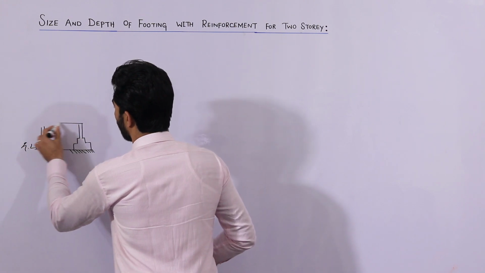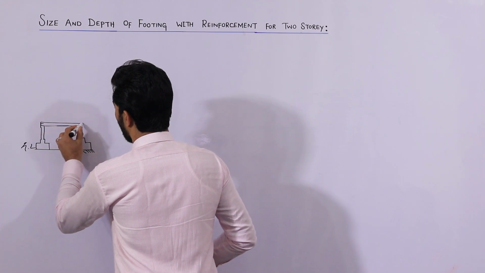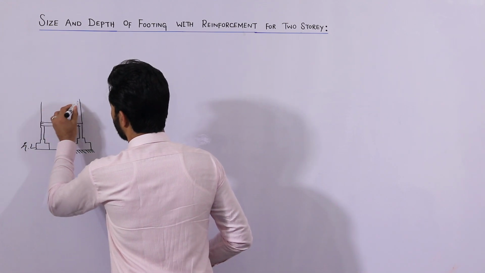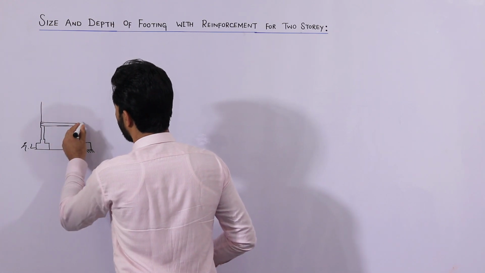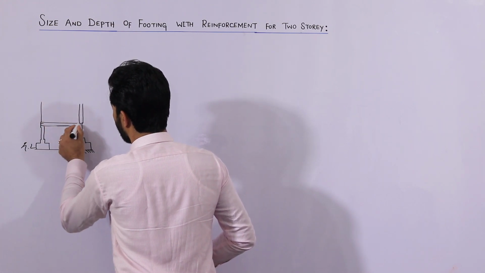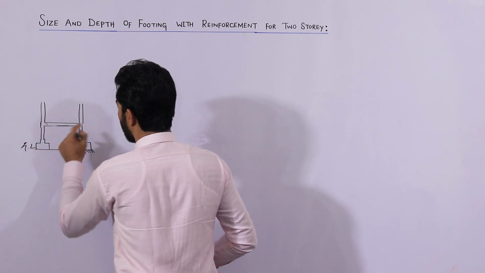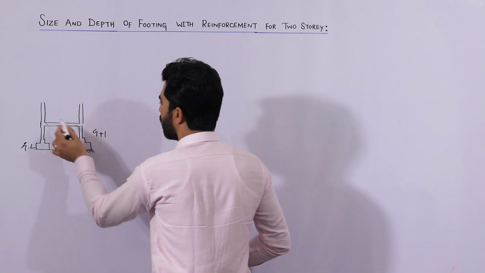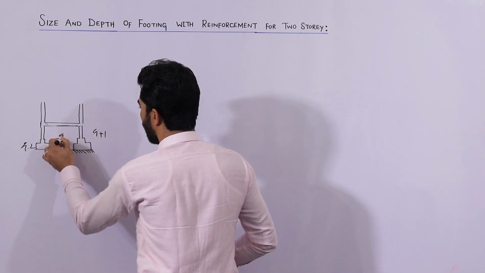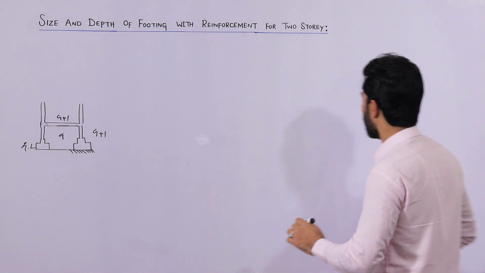Remember guys, this is for G plus 1 story. G plus 1 means ground plus 1, so this is called two-story. This is the ground floor and this is G plus 1. So I am guiding you for G plus 1 story.